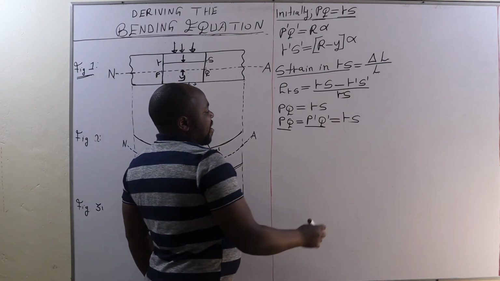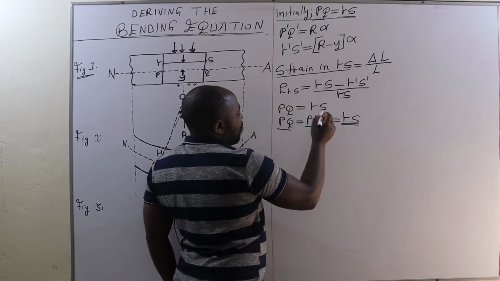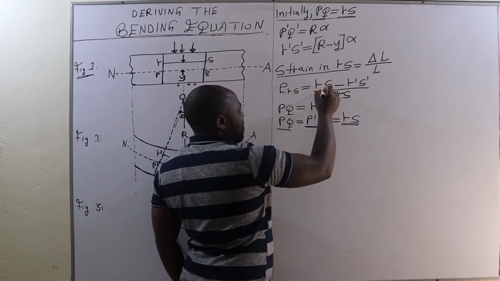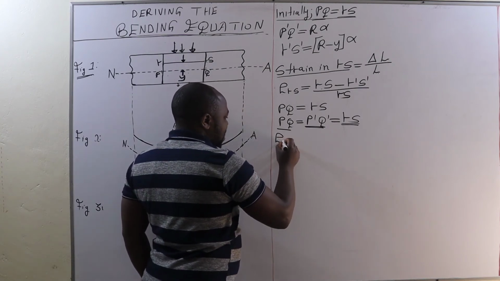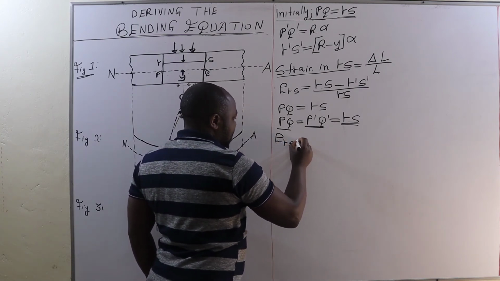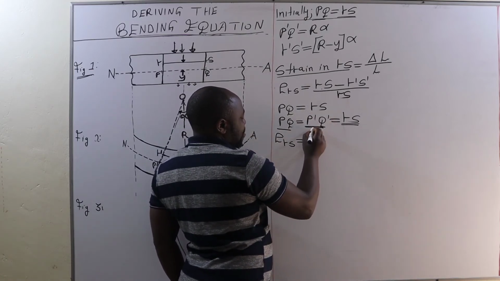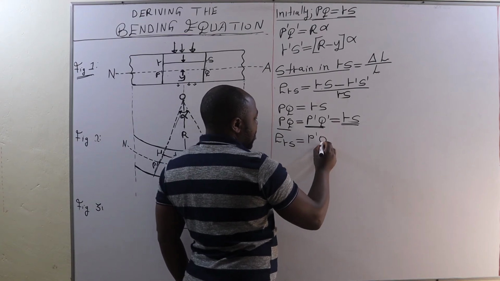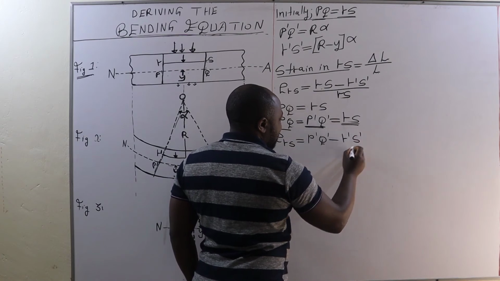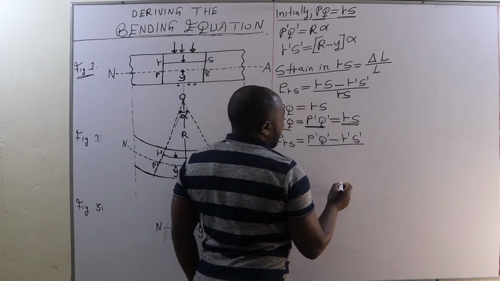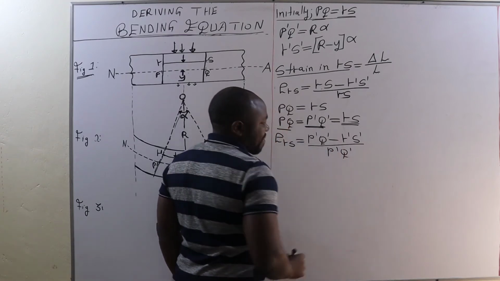Now, when we substitute RS with P prime Q prime at this point, the strain in RS will be given by P prime Q prime minus R prime S prime all over P prime Q prime.